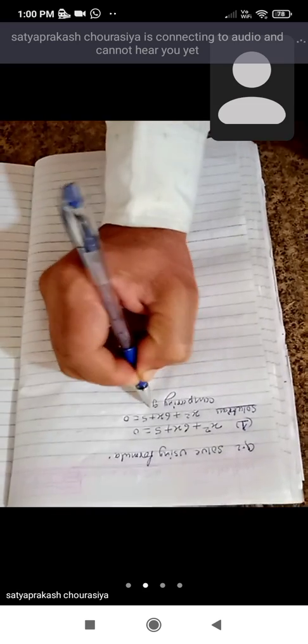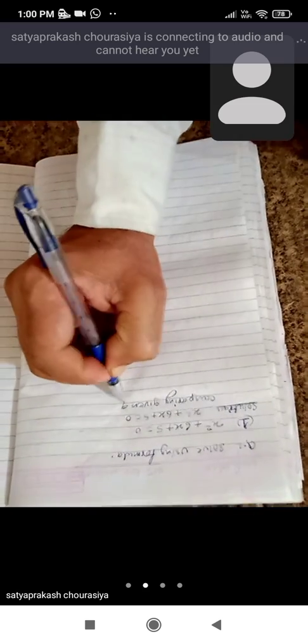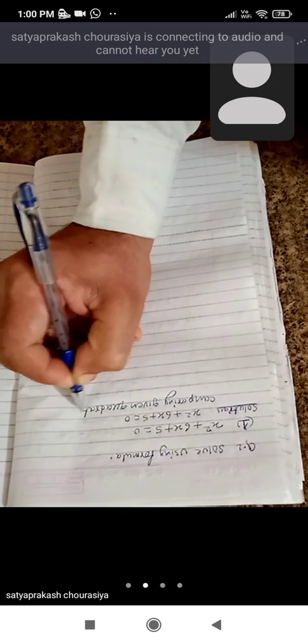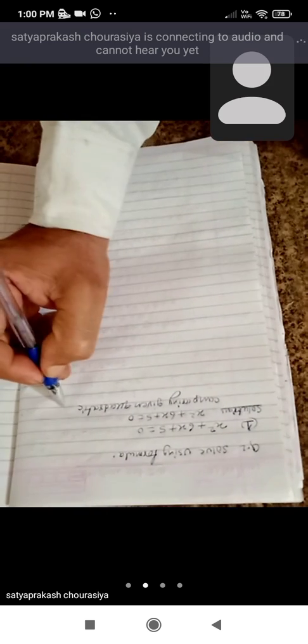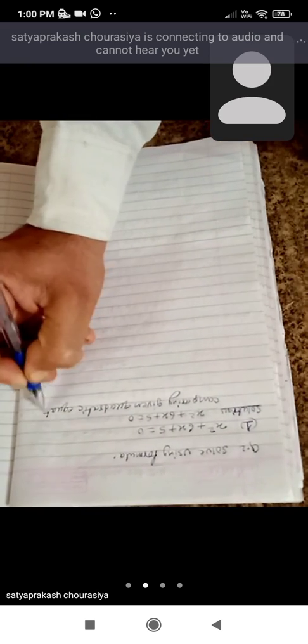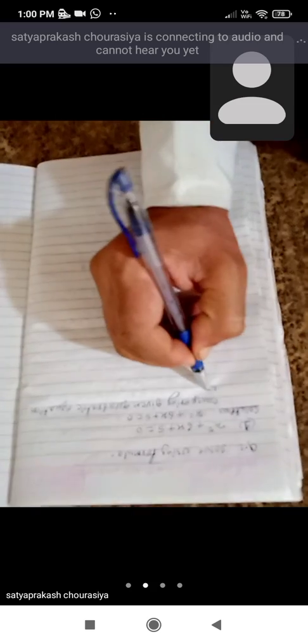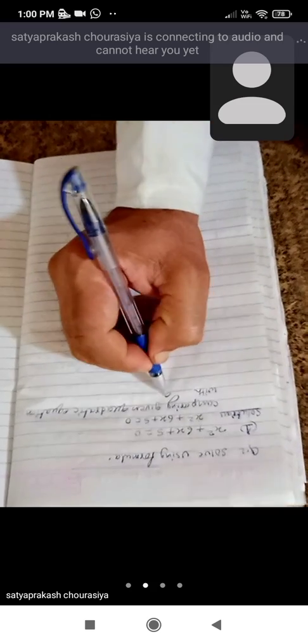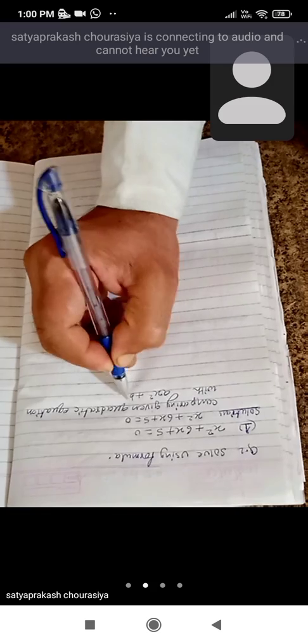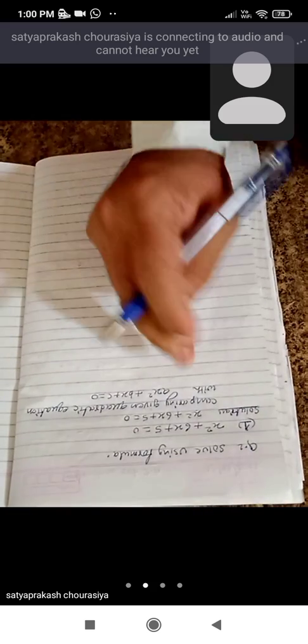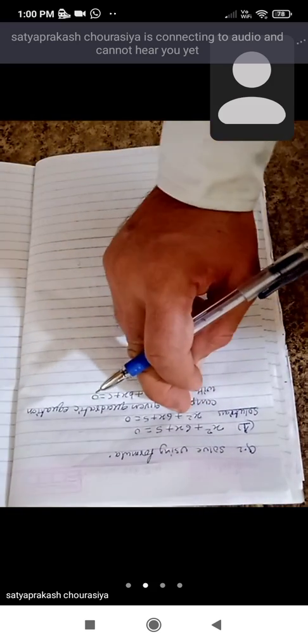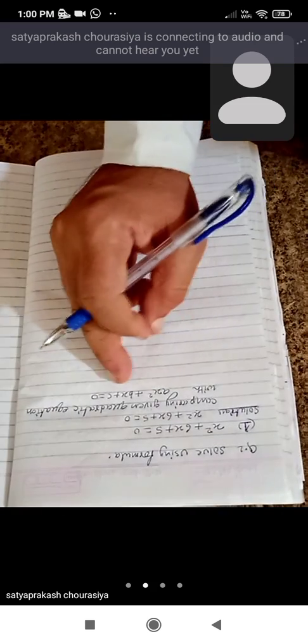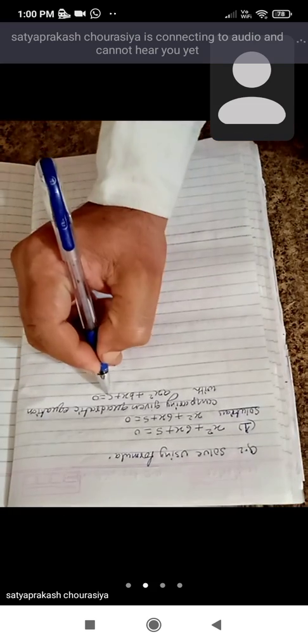Comparing the given quadratic equation with ax square plus bx plus c is equal to 0. We have to compare this equation with ax square plus bx plus c is equal to 0.